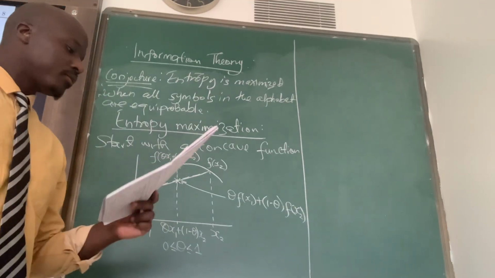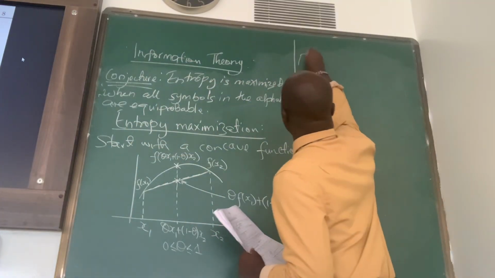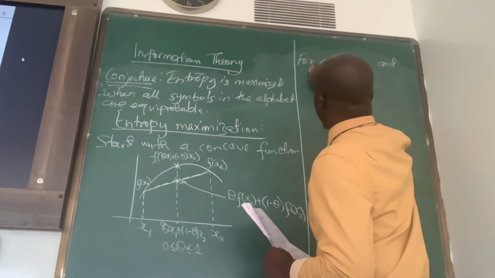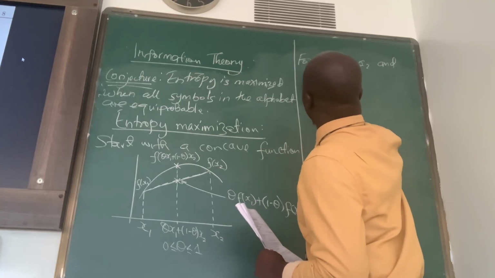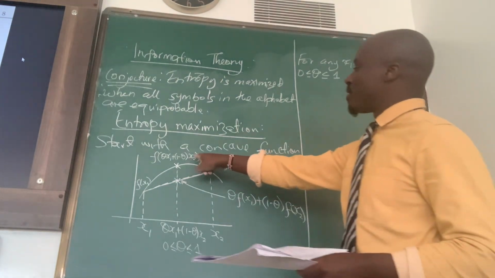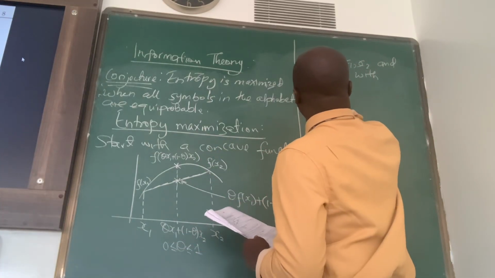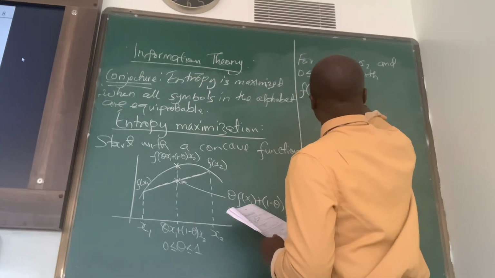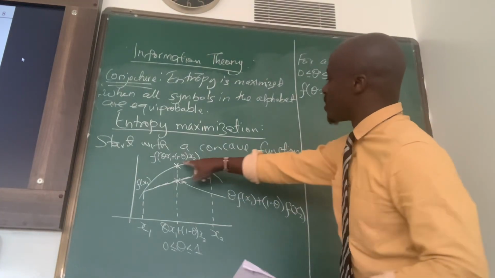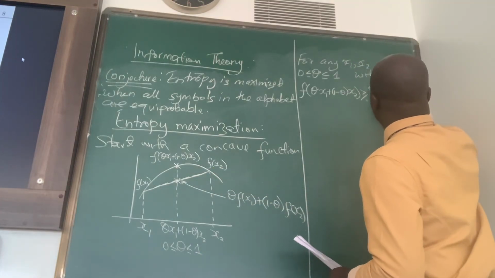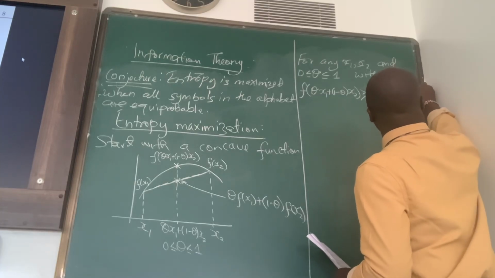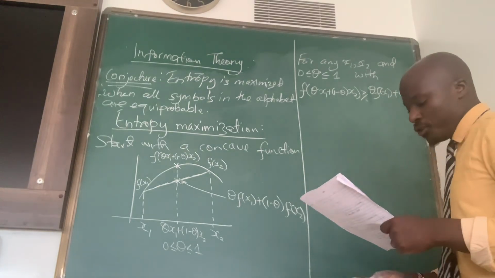Now, here we write, for a concave function, if you have any x1 and x2, and theta between 0 and 1, such that f of theta x1 plus 1 minus theta x2 is greater than or equal to theta f of x1 plus 1 minus theta f of x2, because it's above this one.